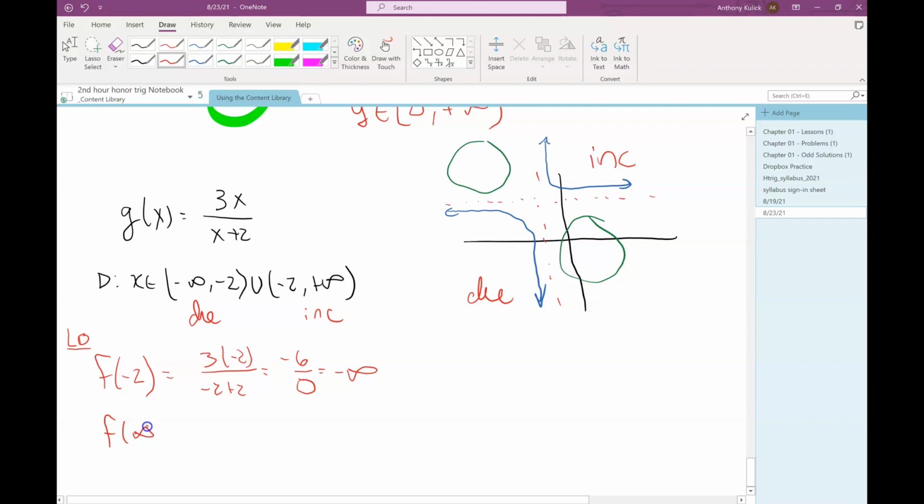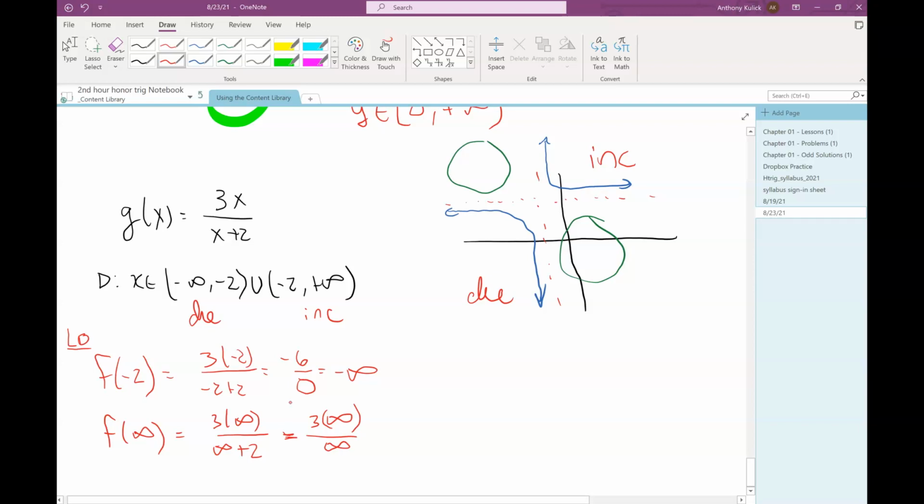If I do f of infinity, well, infinity plus 2 doesn't matter. So I can just replace that with infinity on the bottom.